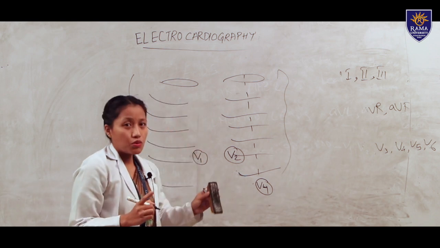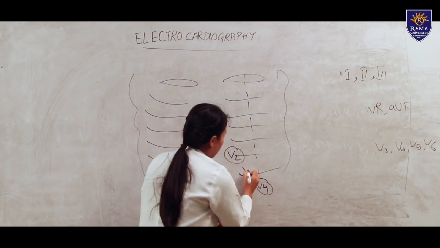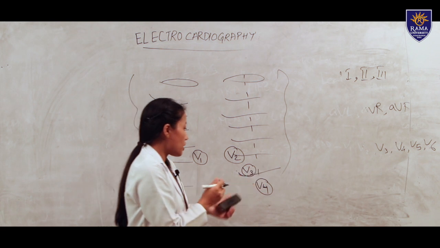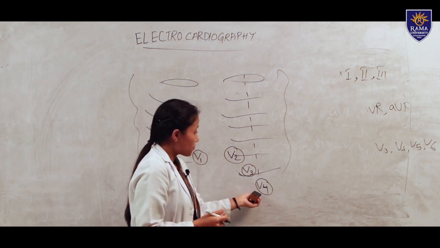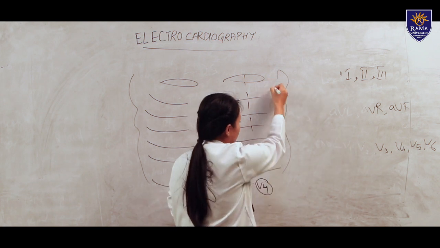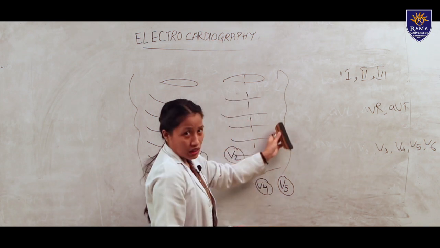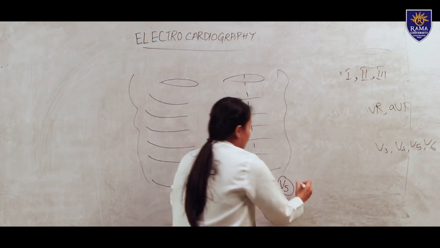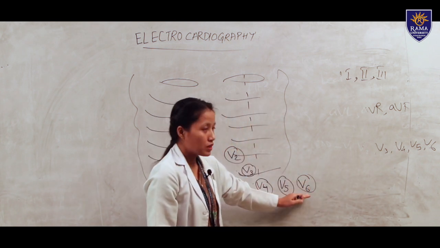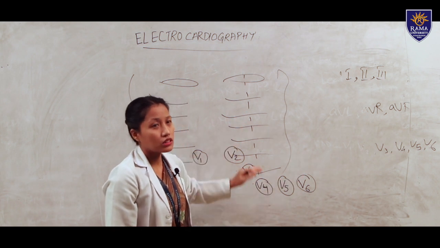V3 is kept in between V2 and V4. And V5: move along the horizontal line, and V5 is at the 5th intercostal space of the anterior axillary line. And V6 will be kept on the mid axillary line. V4, V5, V6 will be in the same horizontal line, that is the 5th intercostal space.